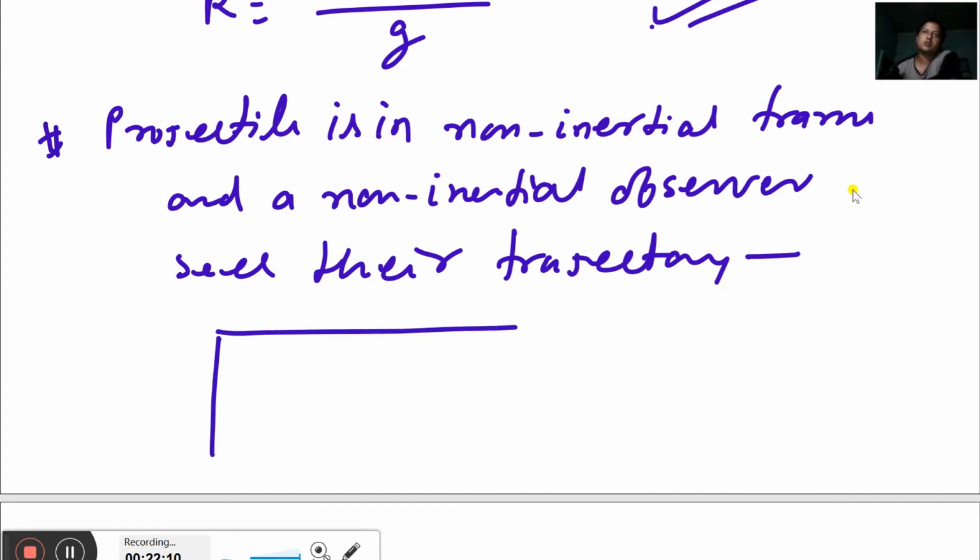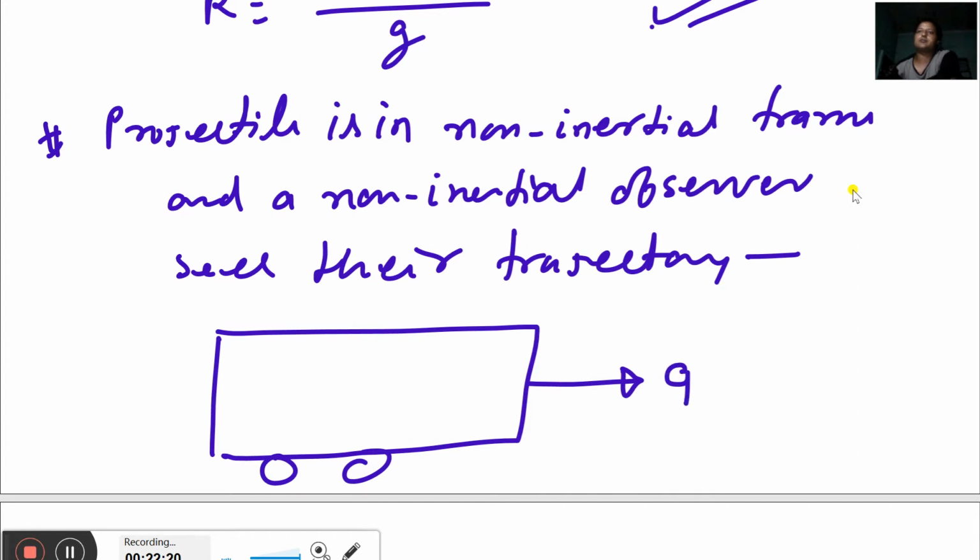Suppose there is a frame moving at an acceleration a, and at any time t has some constant speed v.